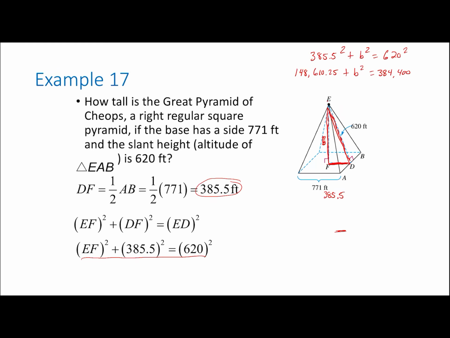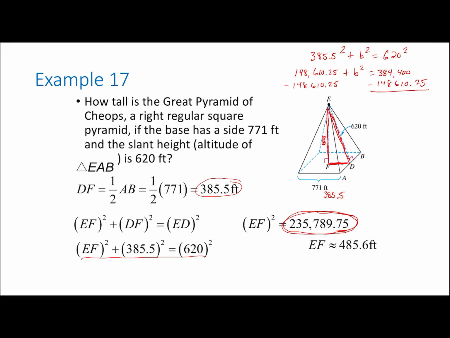And then if you subtract the 148,610.25 on both sides, you get B squared is equal to this.